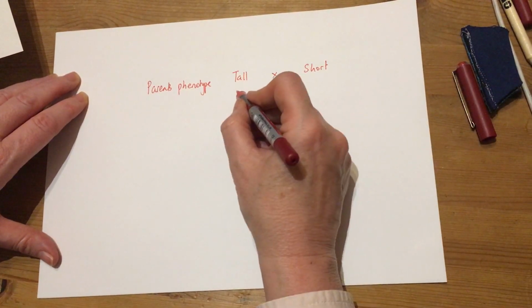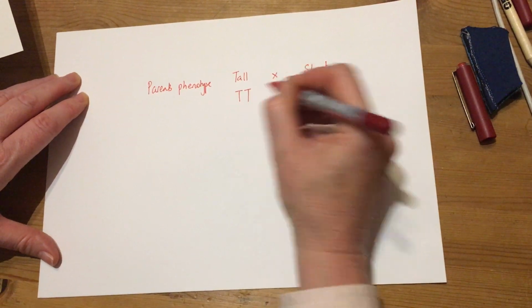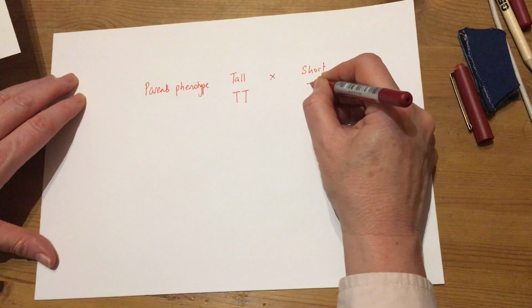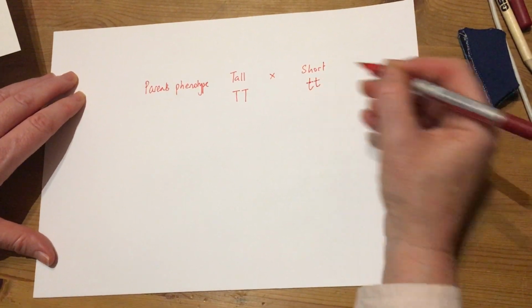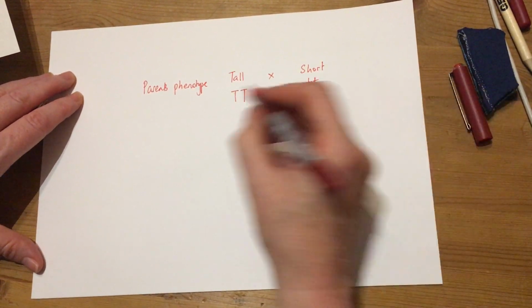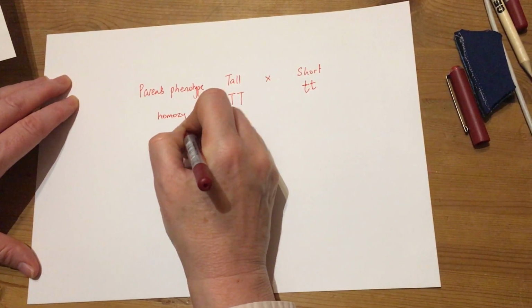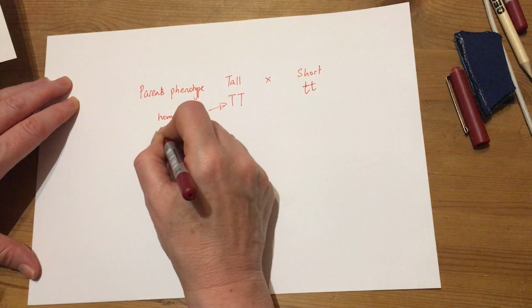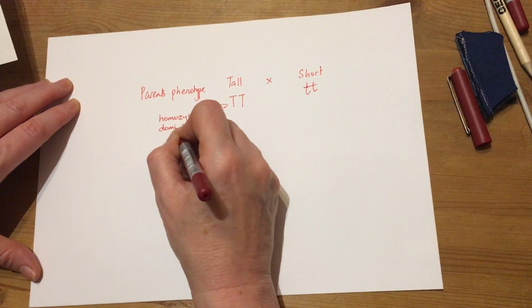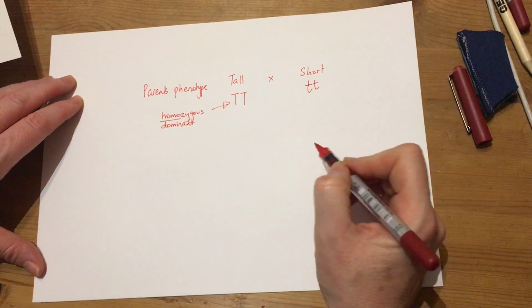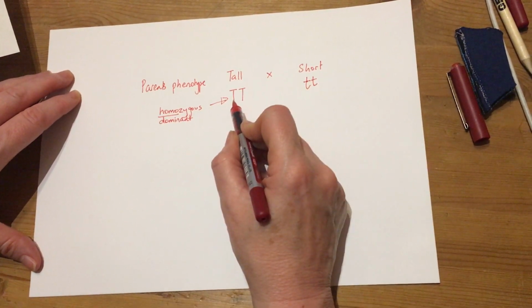And these tall plants are big T, big T. So they are homozygous dominant, and the little plants are little t, little t. So we would call that homozygous dominant. That means that both of the alleles are the same. That's what homozygous means. And they are both the big T allele.